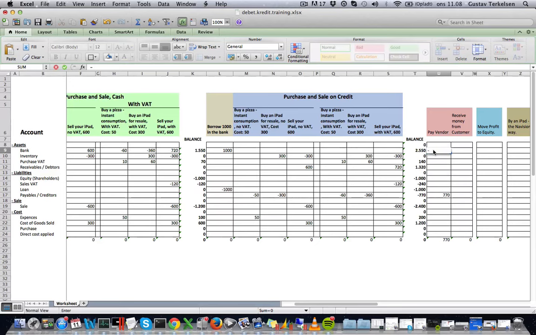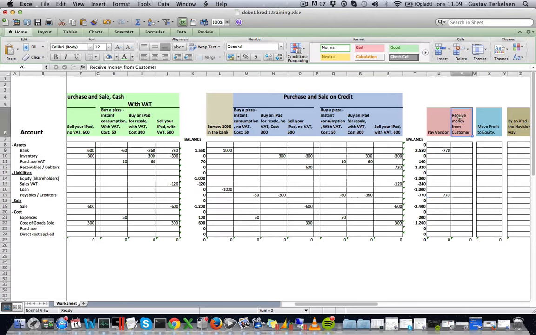So the bank account goes down by 770, and although this is not a good thing for our bank account, the good thing is that we no longer owe our vendors any money.